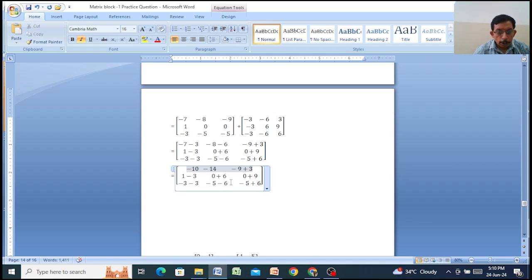Write down in the same position. Minus 9 plus 3 is minus 6, write down in the same position. 1 minus 3 is minus 2, write down in the same position. 0 plus 6 is 6, write down in the same position. 0 plus 9, write down 9 in the same position. Minus 3 minus 3 is minus 6, write down in the same position. Minus 5 minus 6 is minus 11, write down in the same position. Minus 5 plus 6, answer becomes 1, write down 1 in the same position.